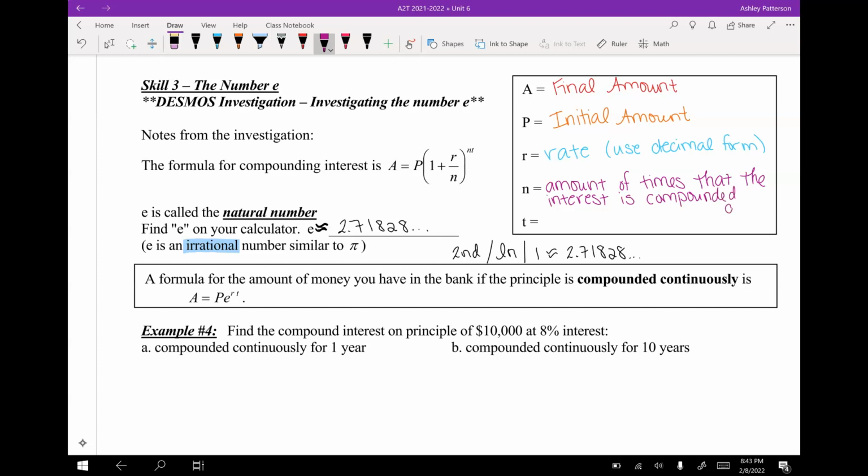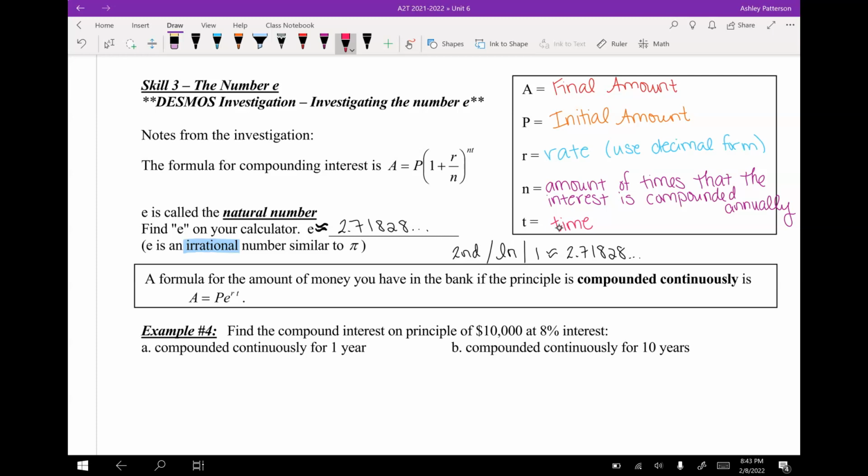How often it's added to the account. And last but not least, T represents, you most likely guessed it, the time. How long did we have this account for?